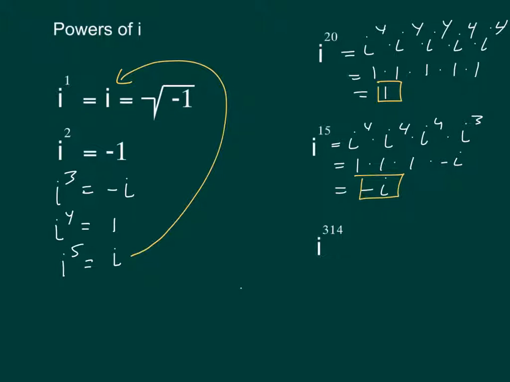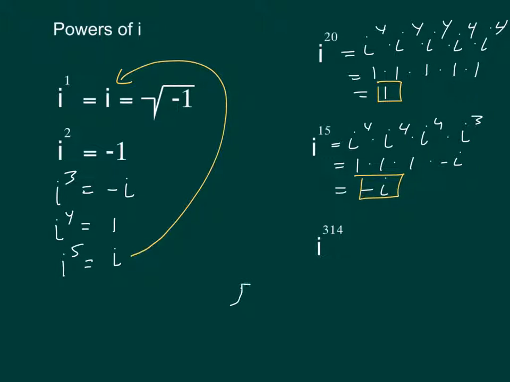Now, certainly I don't want to list out all these groups of 4 for i to the 314th, but it actually doesn't matter how many groups of 4, because every group of 4 just accounts for a 1. They're all going to multiply together and just be 1. So what I'm really interested in is what was left over. So I'm actually here looking at division and the remainder.